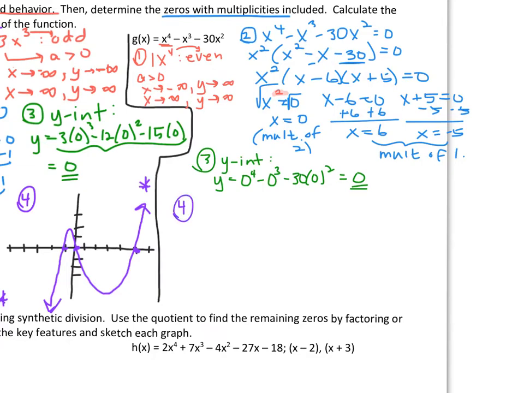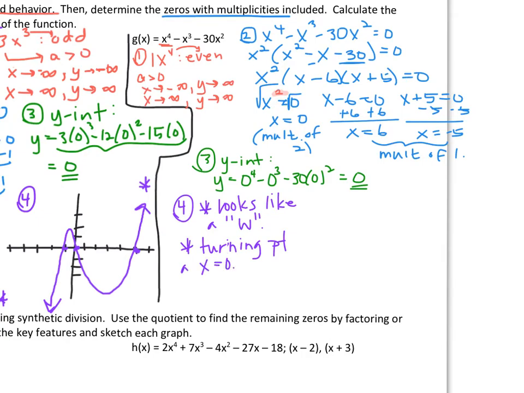To graph a quartic function with both arrows pointing up, it's going to kind of look like a W. So we'll say it looks like a W. It doesn't have to be a perfectly symmetrical W, but kind of a W shape. For our multiplicity of 2, it's going to be a turning point at x equals 0.